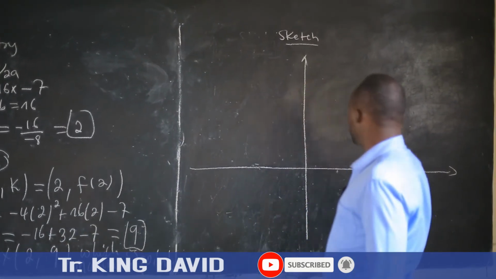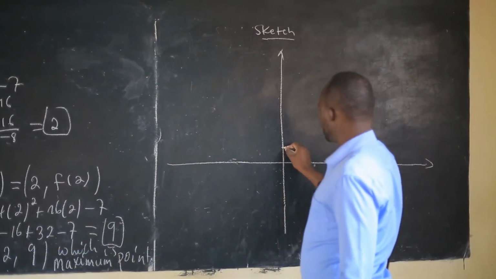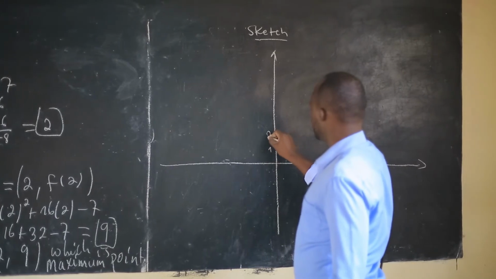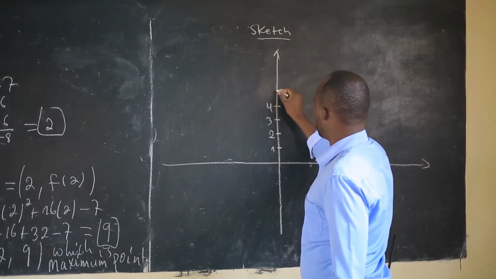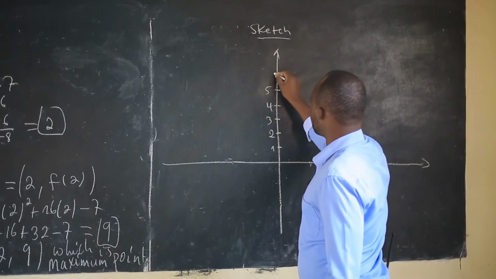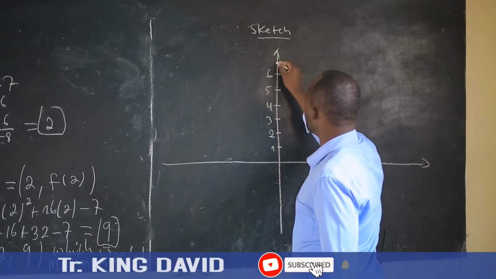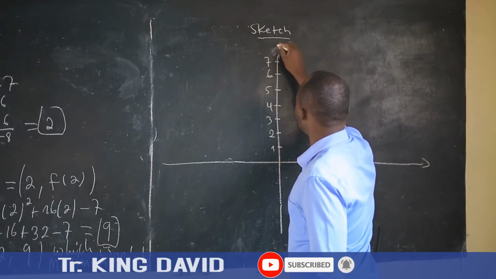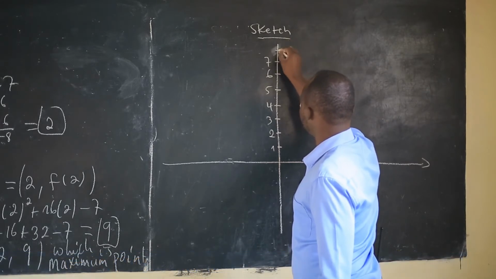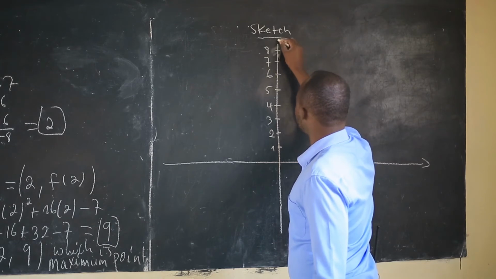So this is 1, 2, 3, 4, 5, 6, 7, 8, then 9.